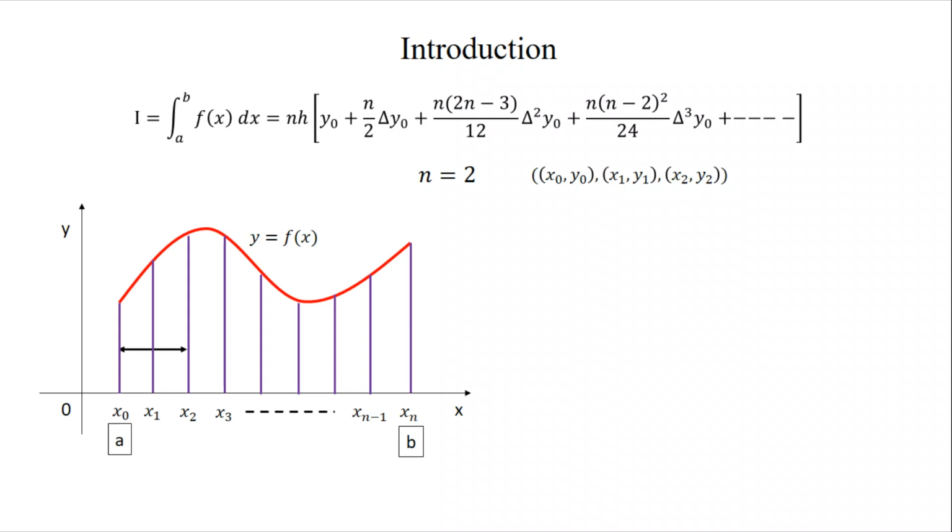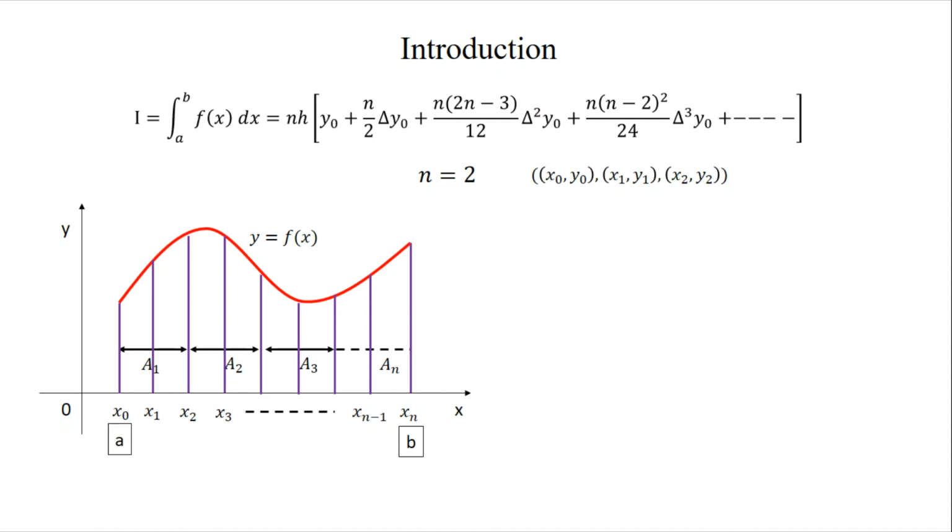Then consider the previous entire area, which we have already divided into a small number of strips. So n is equal to 2 means consider the first two strips as one area, that is a1. Then the next two strips area is a2.